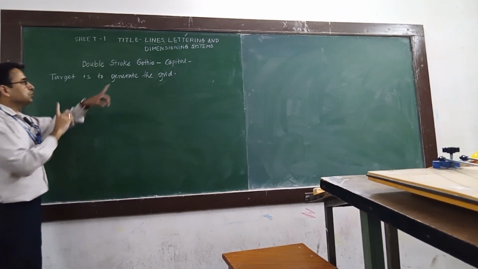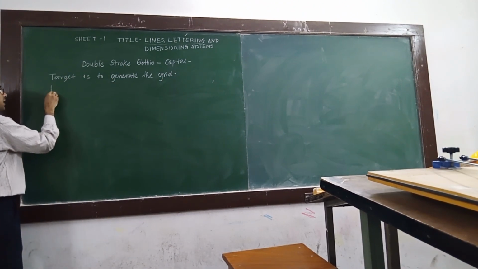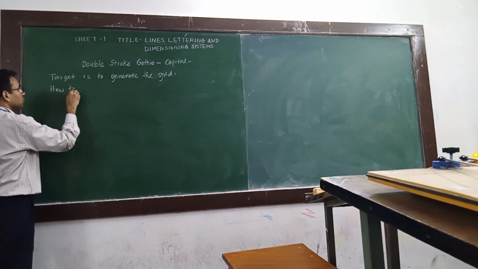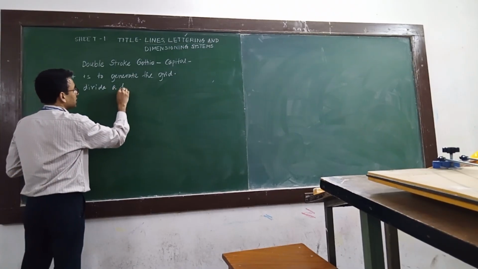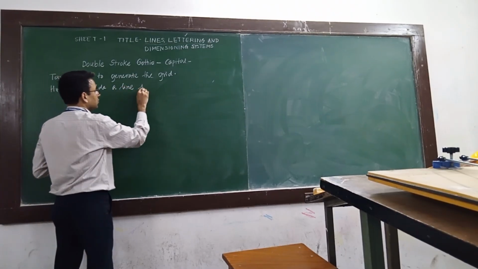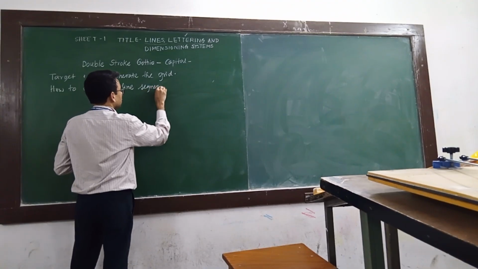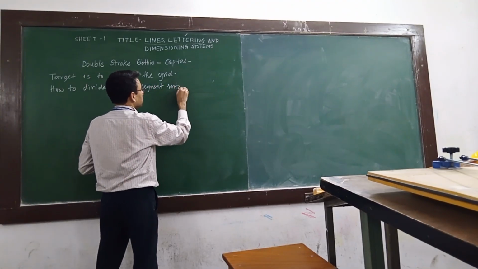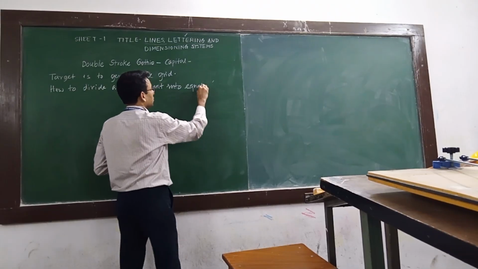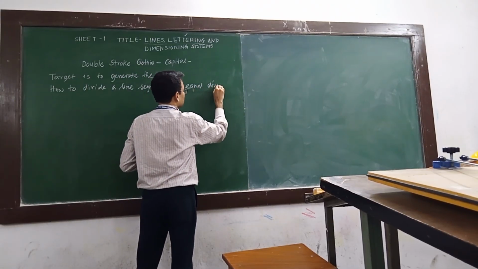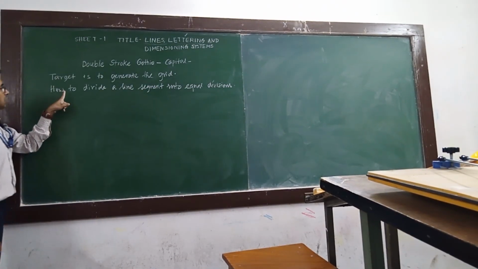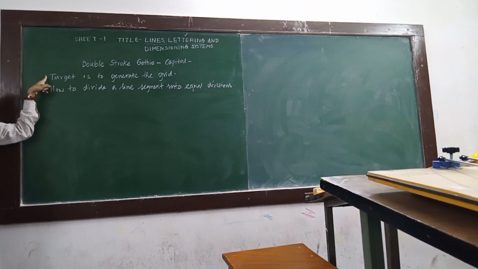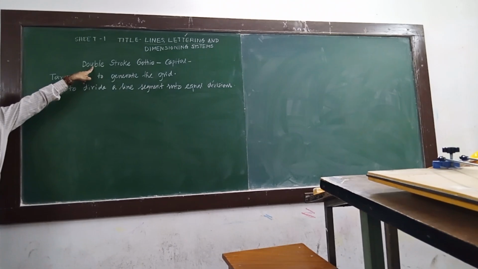To do this, we need to know how to divide a line segment into equal divisions. Okay. So if I can do this, then only I can do that. That is the requirement for drawing this. Clear? One by one, is it clear?